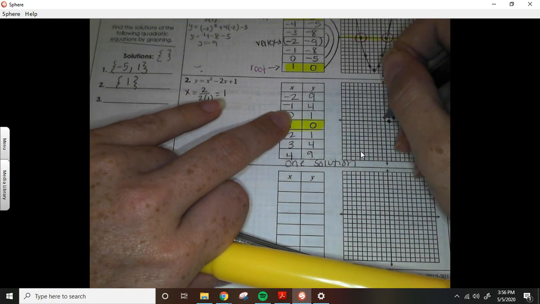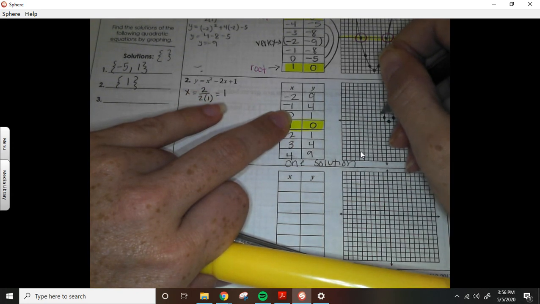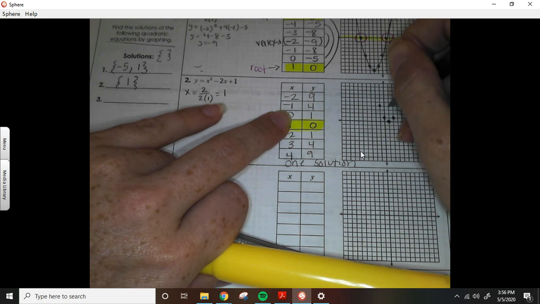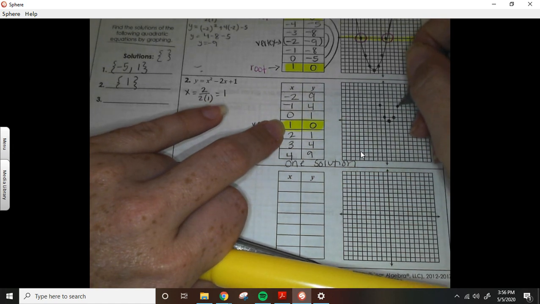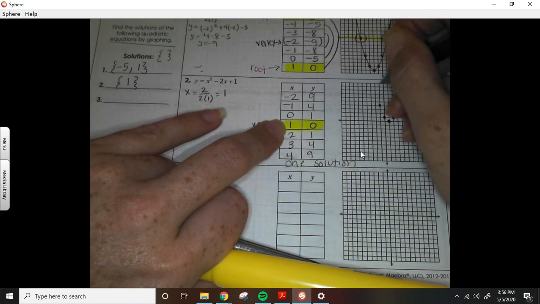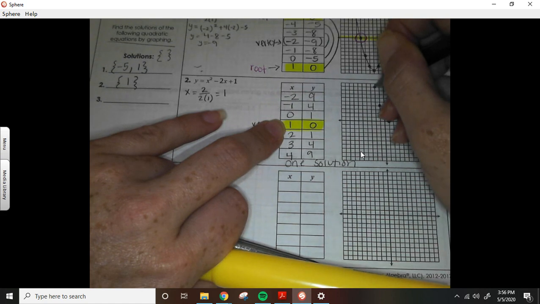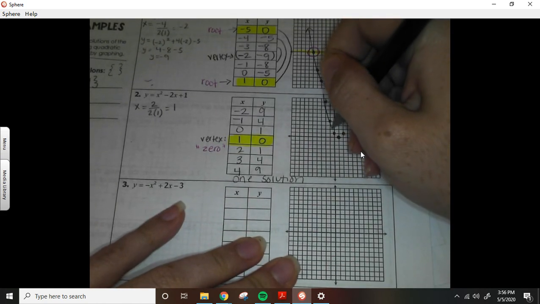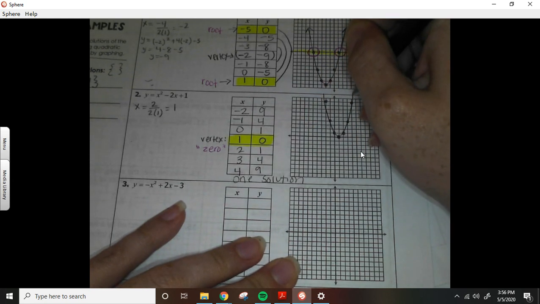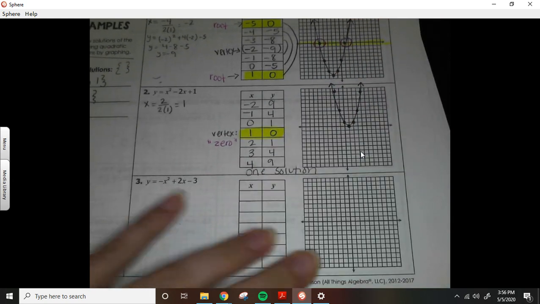Negative 1, 1, 2, 3, 4. And then that means that 1, 2, 1, 2 is going to be here. And then 9 should be 1 less than the very top. Okay, if we use our logic, guys, it's not that bad to graph. That didn't take us that long.